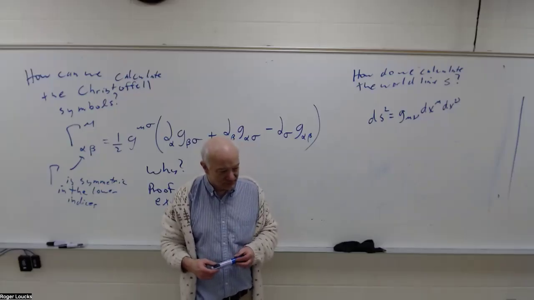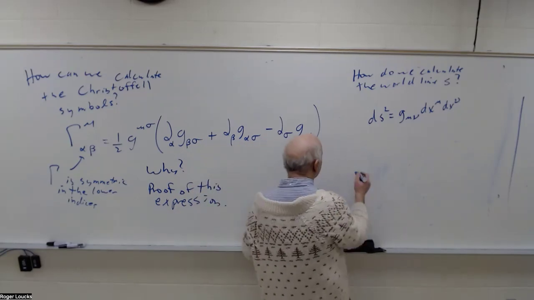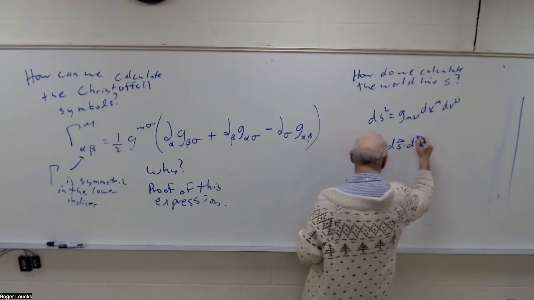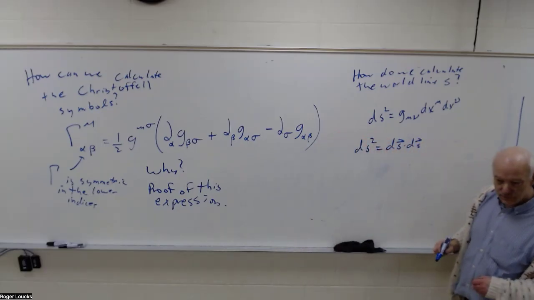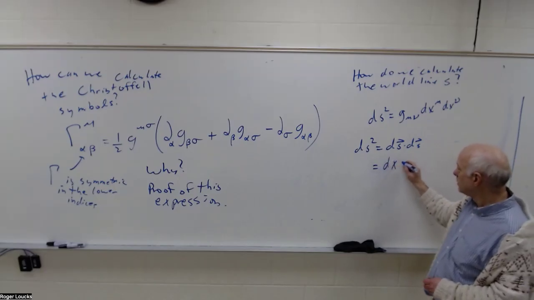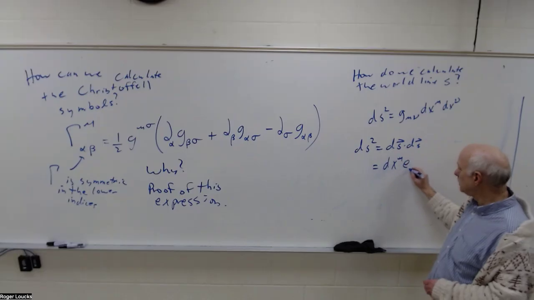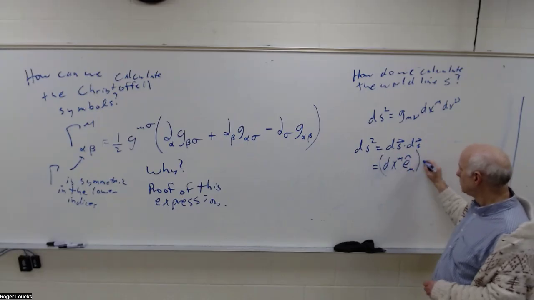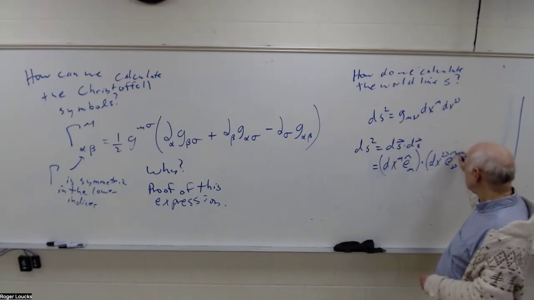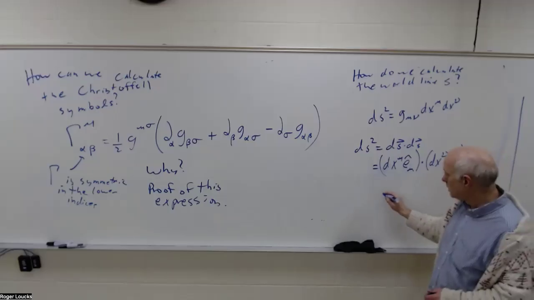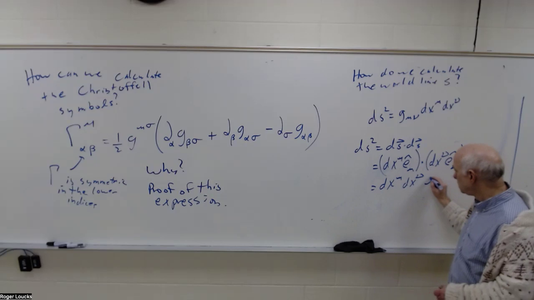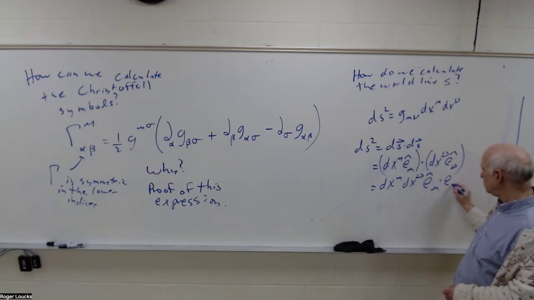Does that make sense? Let's go through the argument again. The ds squared is this ds vector dotted with ds vector. And how did we write these? We wrote this as dx mu e mu vector dotted into dx nu e nu vector. We wrote this as dx mu dx nu, e mu dotted e nu.